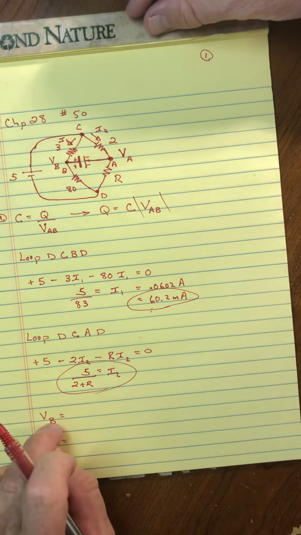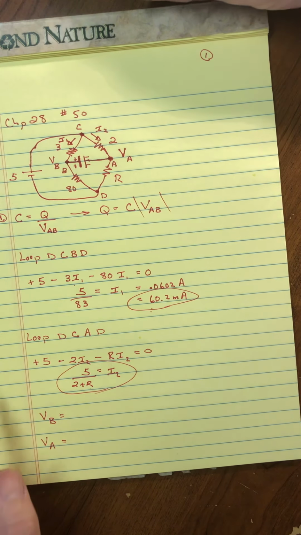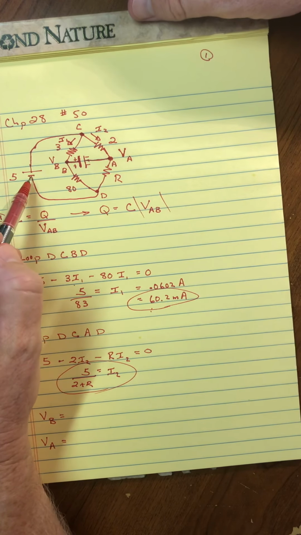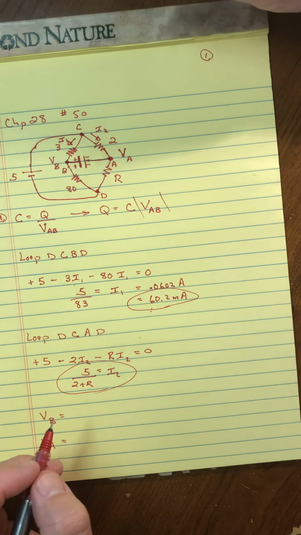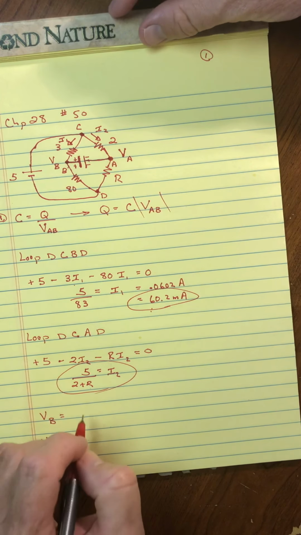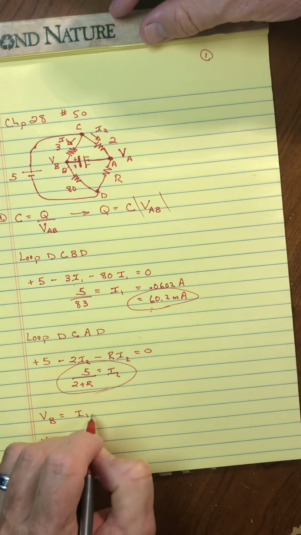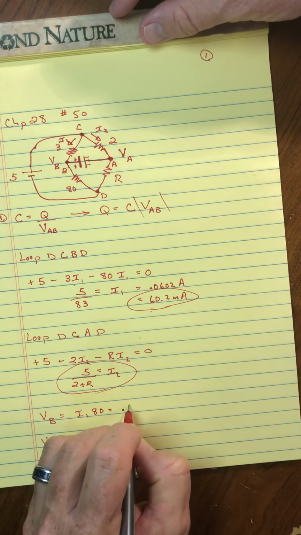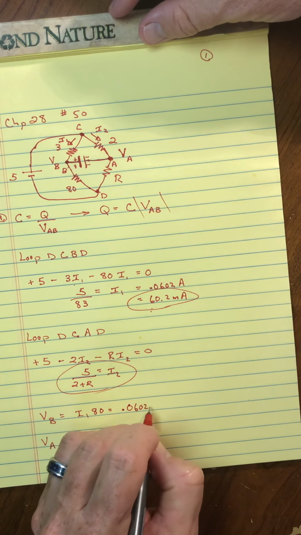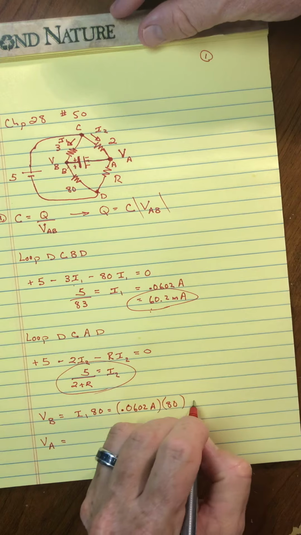Okay, so voltage at B is probably the easier one because if you take this as the lower part of the battery, this would be the increase. So this would just be current I1 times the 80 ohms. And as we said earlier, this is 0.0602 amps for the current in number 1, and then times the 80.